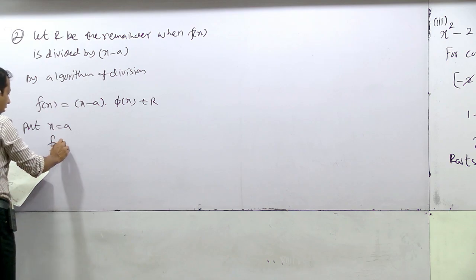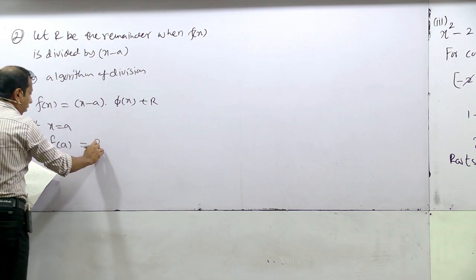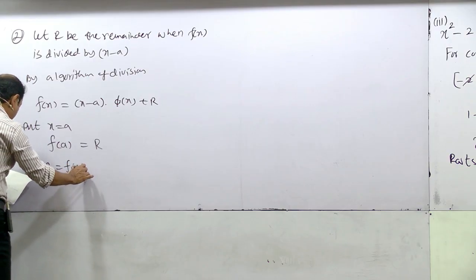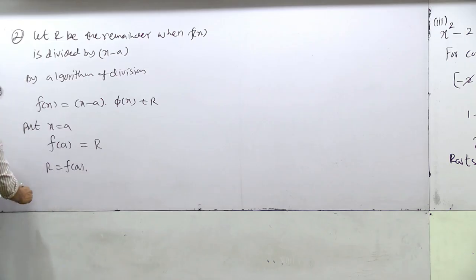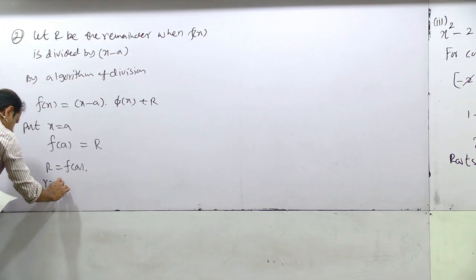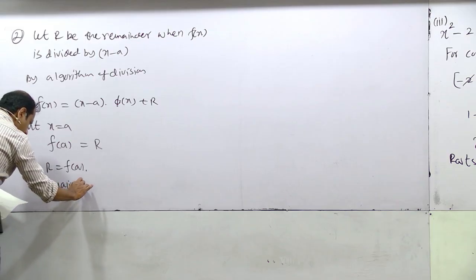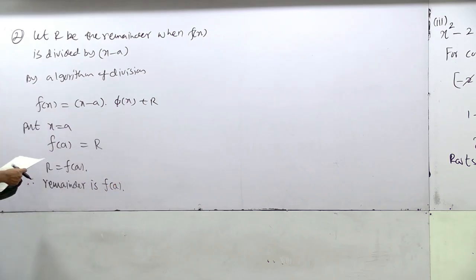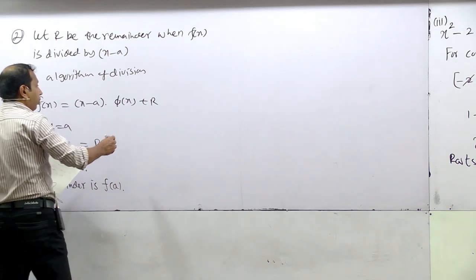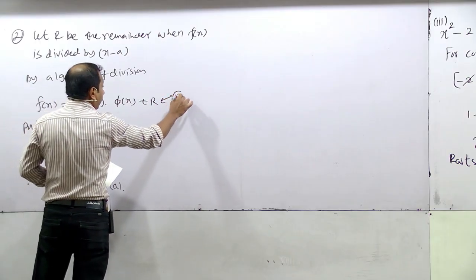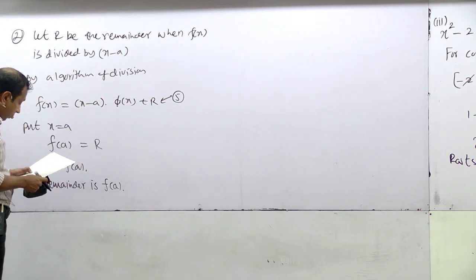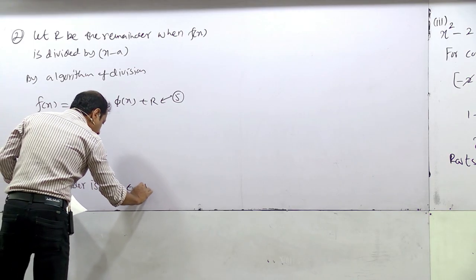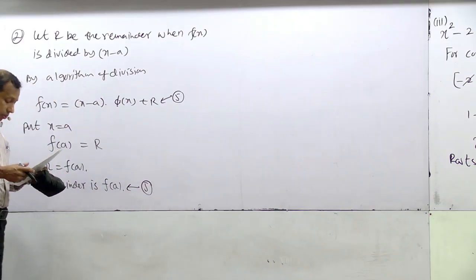Here we get f(a) equals 0 plus R. Therefore the remainder is f(a). For this we get 5 marks for the algorithm of division, and 5 marks for the remainder being f(a).